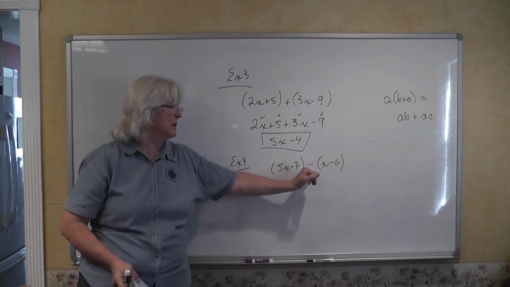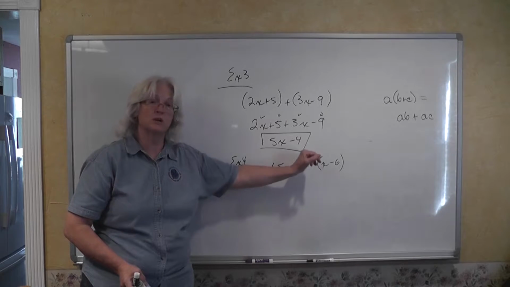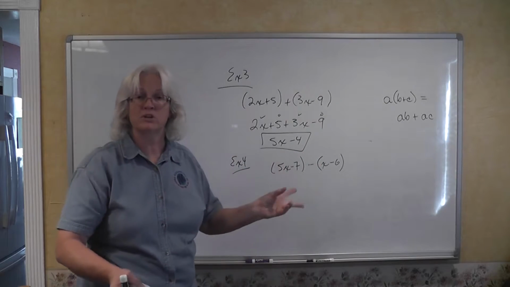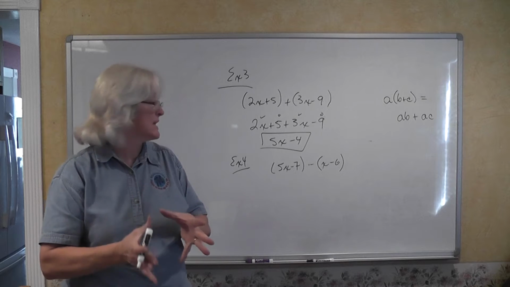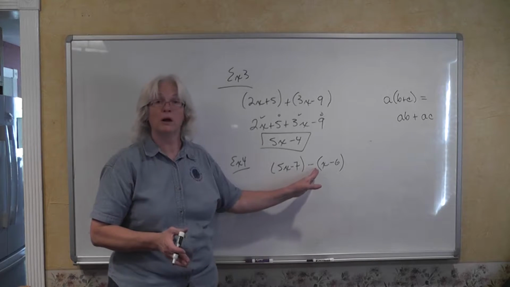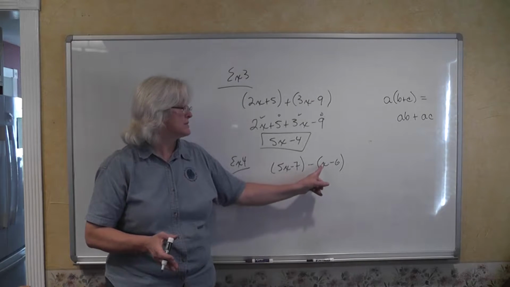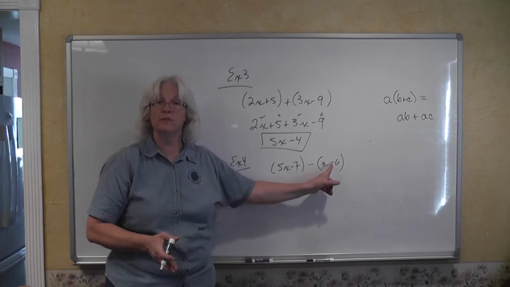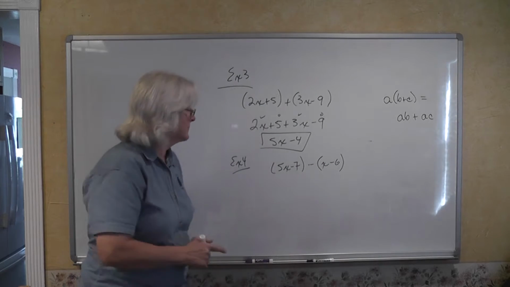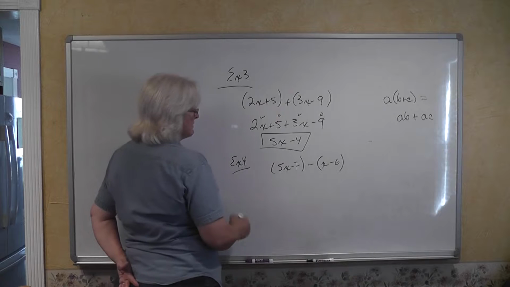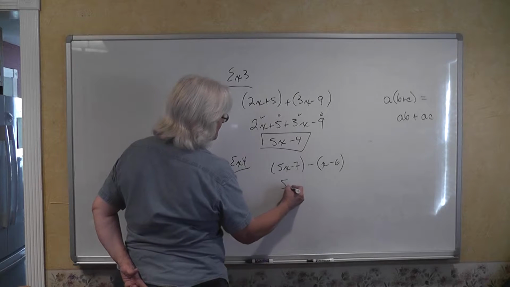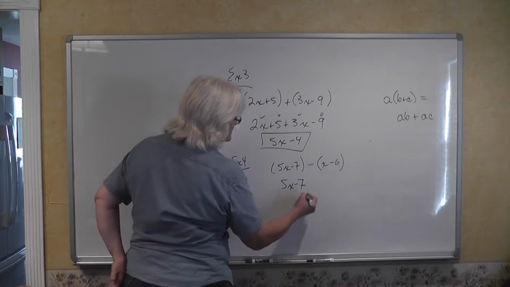You don't see that 1. The coefficient is understood to be a 1. And we just saw in our prior example that when you multiply by a negative, the signs within those parentheses reverse. Nothing multiplying 5x minus 7, so we simply have 5x minus 7.